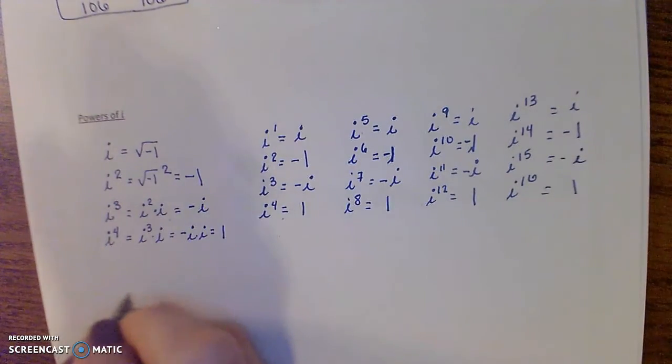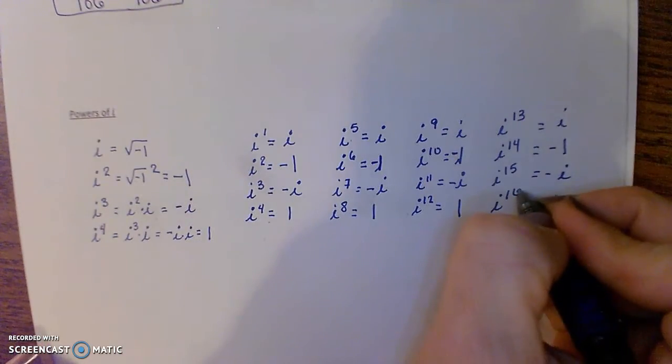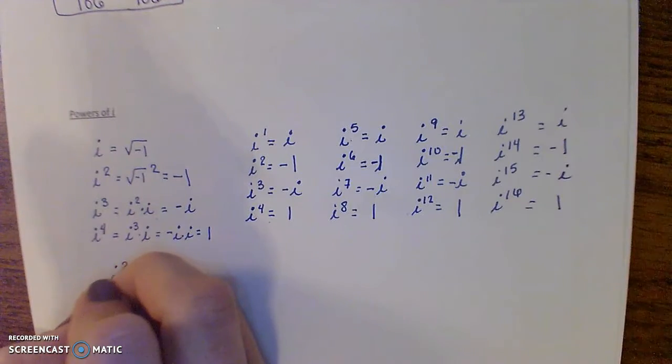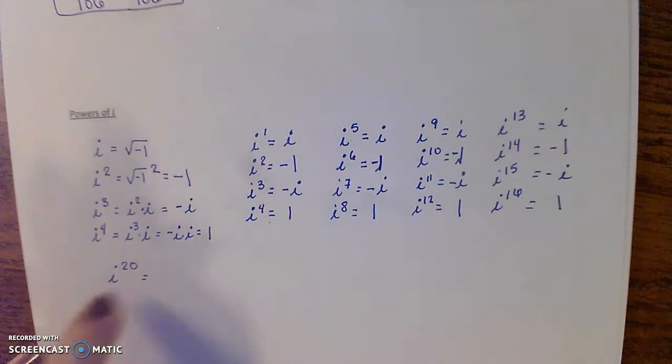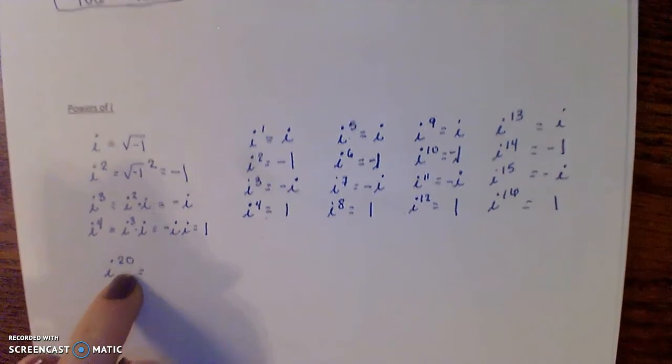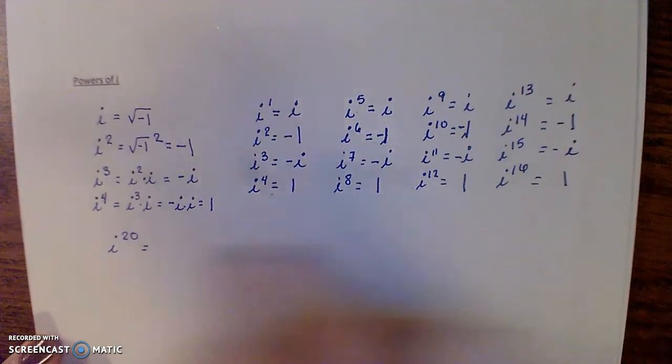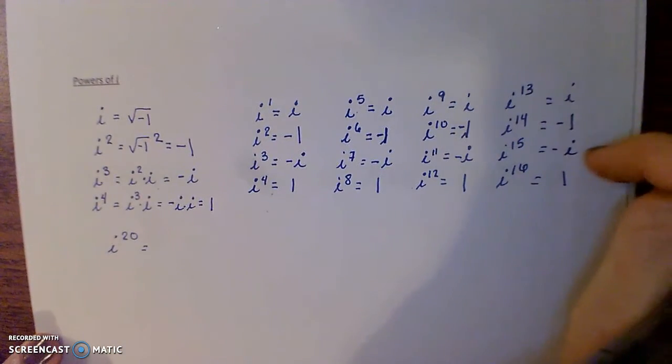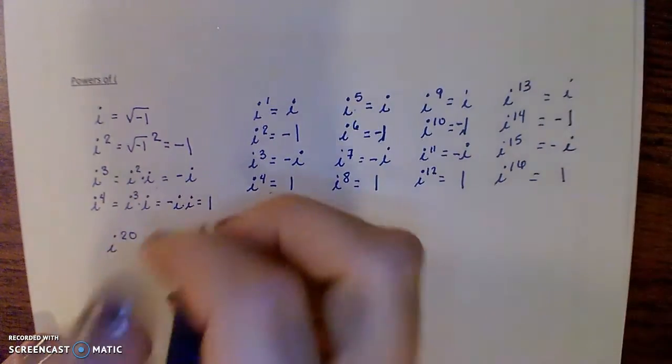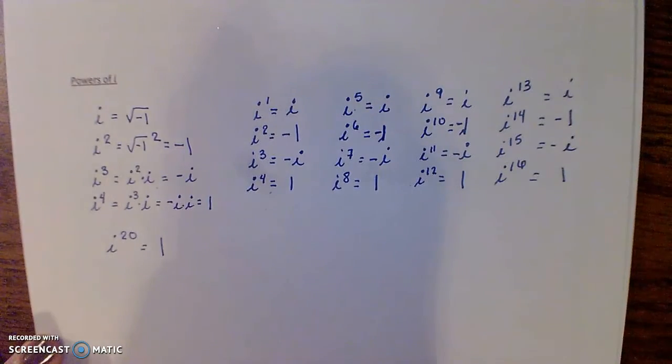So in general, if we had something, say, i to the 20th, notice 20 is a multiple of 4. So it would be 16, 17, 18, 19, 20. So we will land back at 1 again.